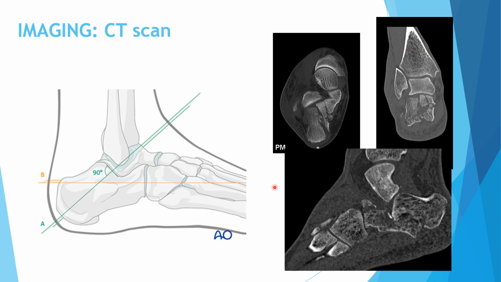You will basically assess the three pictures: the axial pictures, the coronal, and the sagittal. The sagittal helps you to see the depression of the posterior subtalar. So if you see here, this part here should be actually parallel to the talus. In the coronal, you can see the amount of varus or valgus. As we said, most of them will have varus.